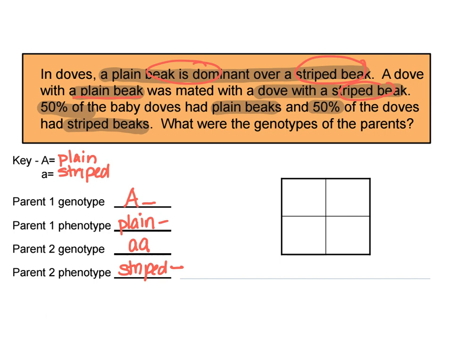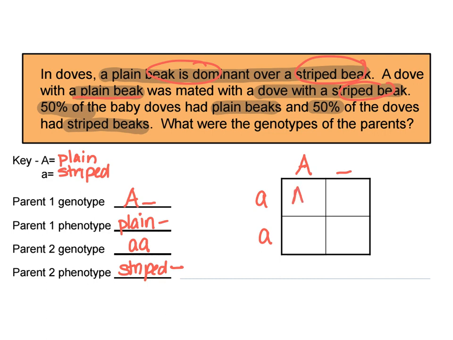Now, the next thing that I would do in a regular problem is do the Punnett square, and I'm going to do the Punnett square as far as I can. I know that one parent is little a, so I have that information. I know the other parent is big A something. So I'm going to fill out my Punnett square with the information that I have.